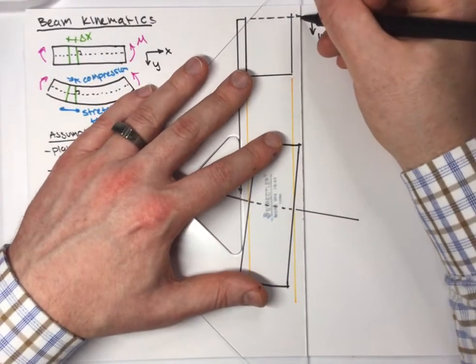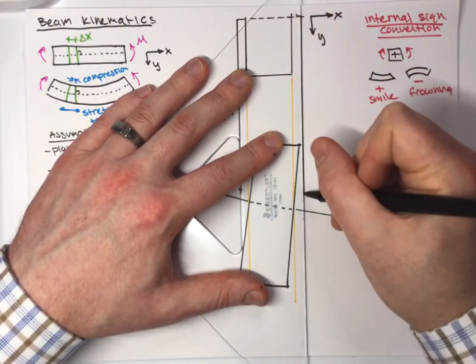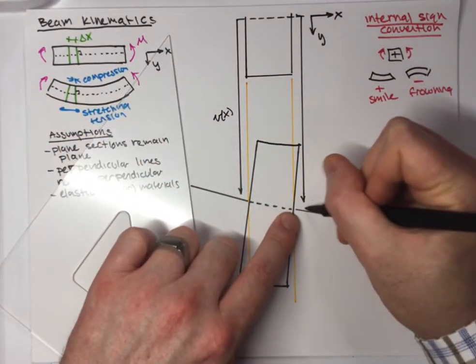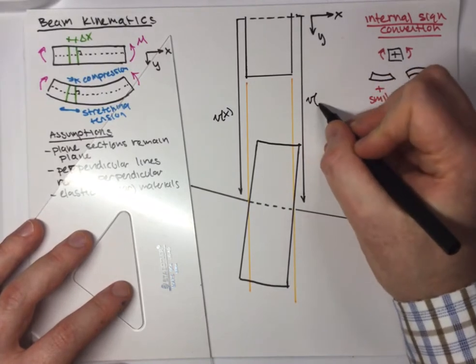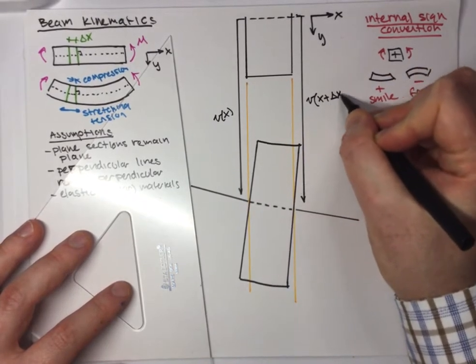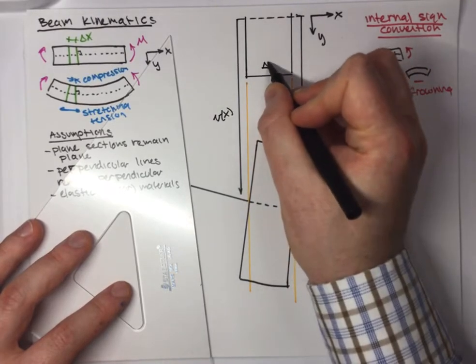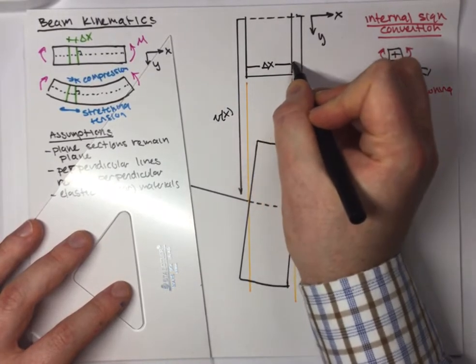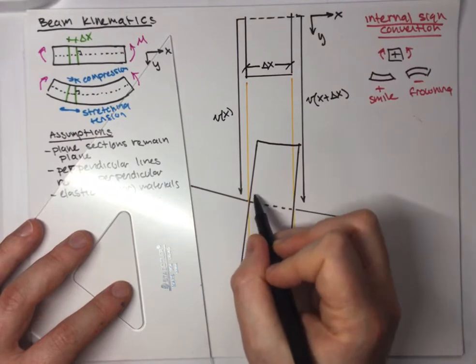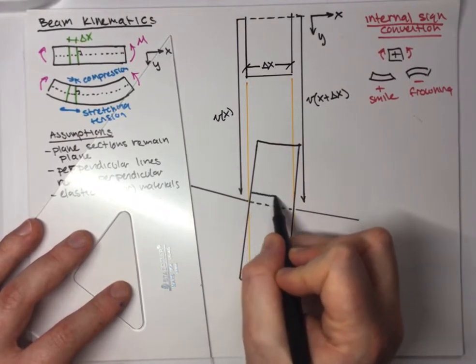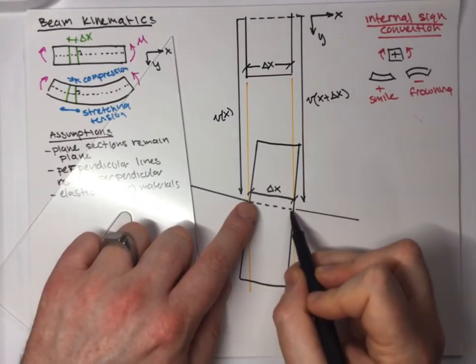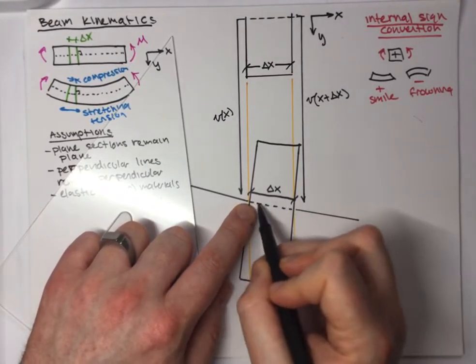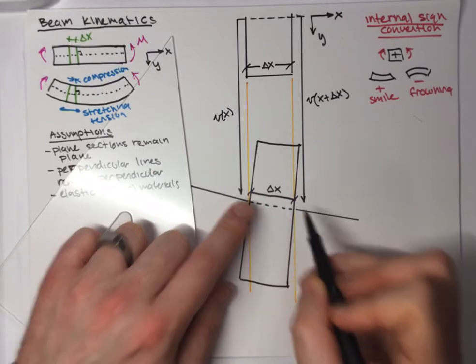And on the other side, we can do a similar thing, and we would say that if we come all the way to the centroid here, this is the displacement of the centroid at x plus delta x. Remember that the distance from here to there is delta x, and if you come back to our picture here, the distance from there to there is still going to be delta x, and that's just the distance of the length along our centroid doesn't change.